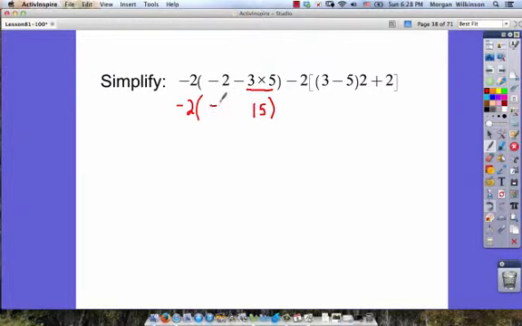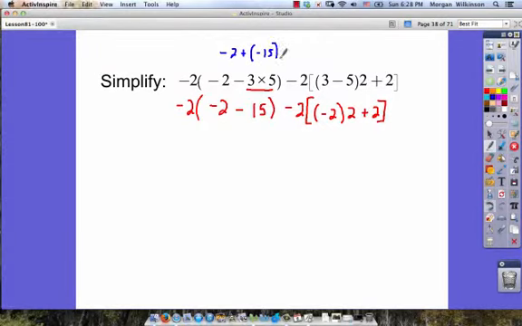So we're going to have negative 2 minus 15. Then we're going to have minus 2 times 3 minus 5, that's negative 2. We're going to multiply that by 2 and then add 2. Negative 2 minus 15. Well, that's like saying negative 2 plus negative 15.